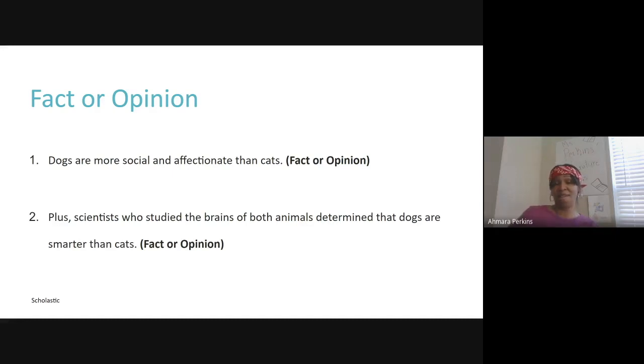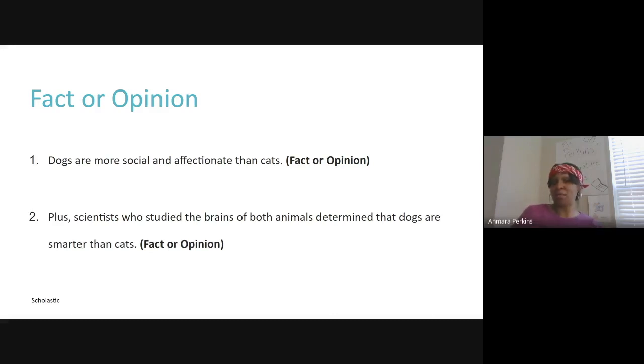All right, number 2, plus scientists who studied the brains of both animals determined that dogs are smarter than cats. Fact or opinion clue words? What do you see? Good. Excellent. It says scientists who study the brains.